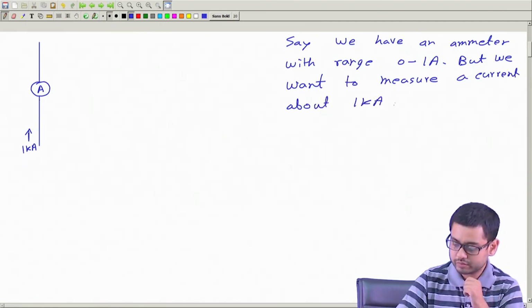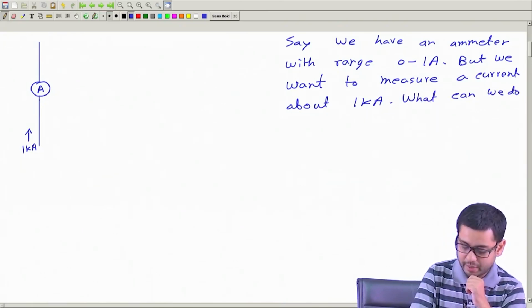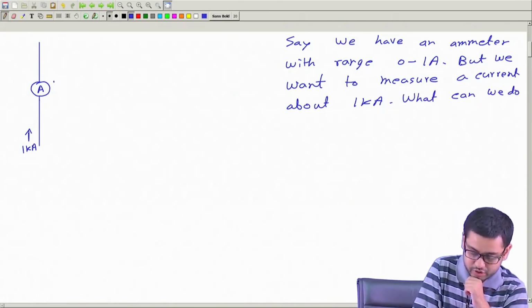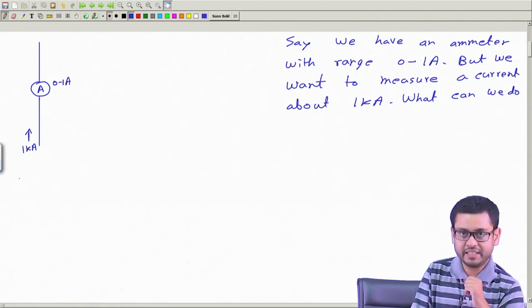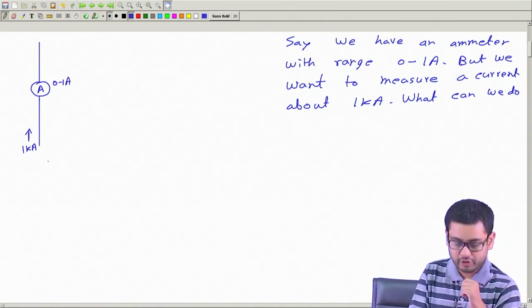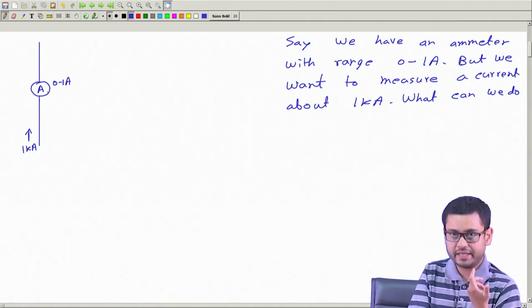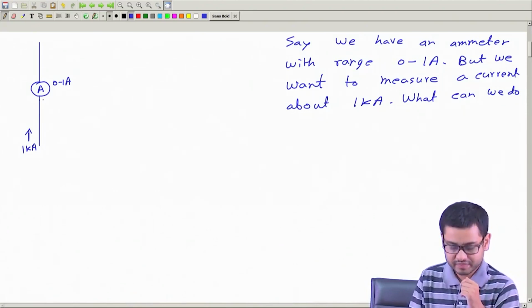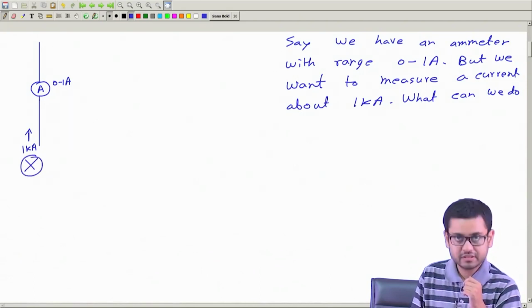So what can we do? We cannot connect this ammeter, which has a range of 0 to 1 ampere, like this, because immediately this ammeter will burn. Such a huge current will flow through it, it will get damaged in no time. So this is a wrong circuit.